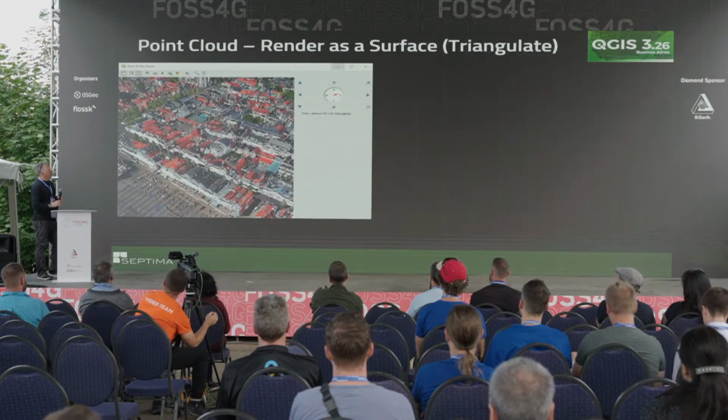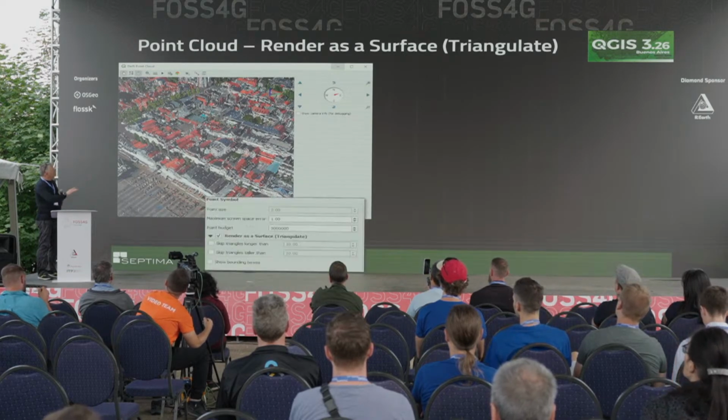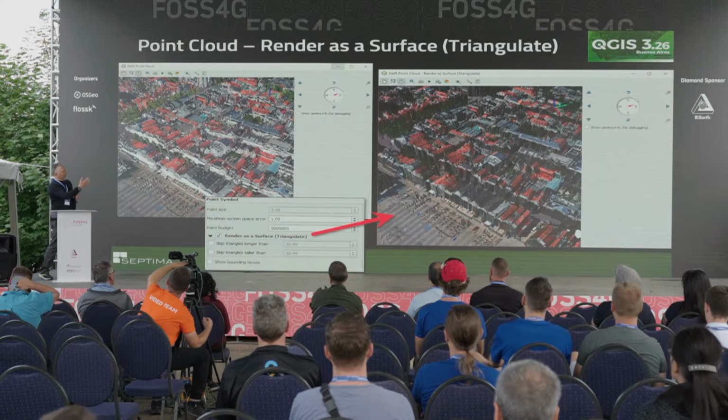There's also, in the 3D viewer, when you have a point cloud, it's possible now to eliminate some of these gaps that you see by choosing render as a surface. And then it looks more like this, where it creates a more solid surface for your point cloud in the 3D view.